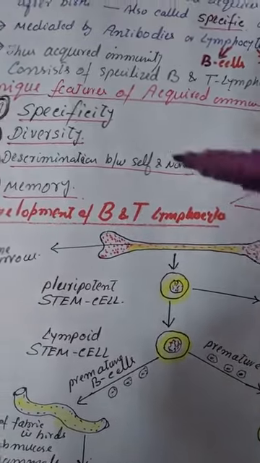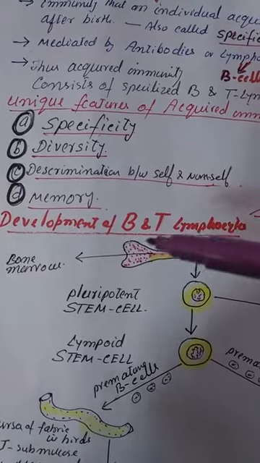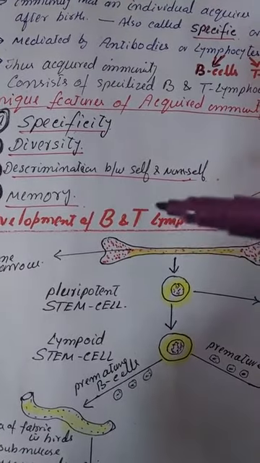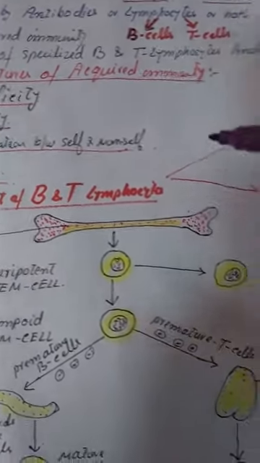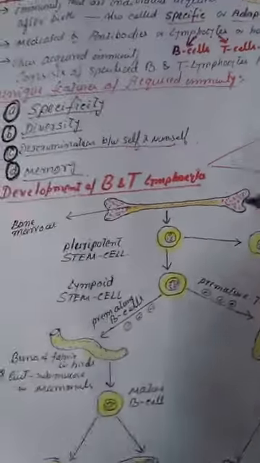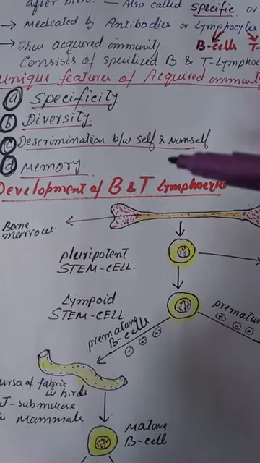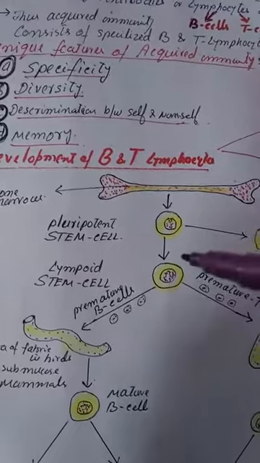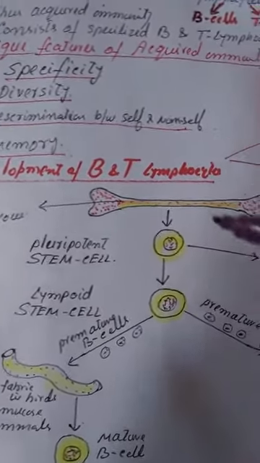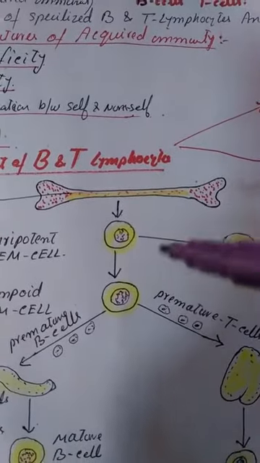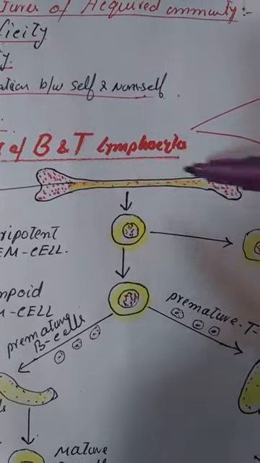Now we will discuss the development of B lymphocytes and T lymphocytes, which form an integral part of acquired immunity. So far as the development of these cells is concerned, the T cells and B cells of the immune system are basically derived from the pluripotent stem cell in the bone marrow.